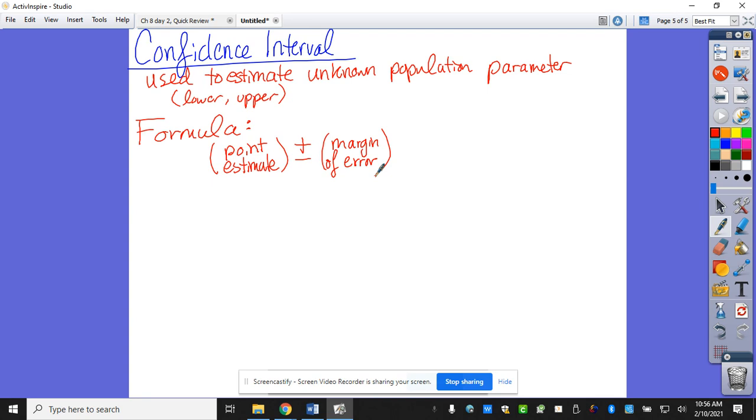And I'm going to rewrite that as something else that you shouldn't know yet, but I want to write it as we're doing this. So this can also be written as your point estimate plus or minus your critical value times standard deviation of the statistic.